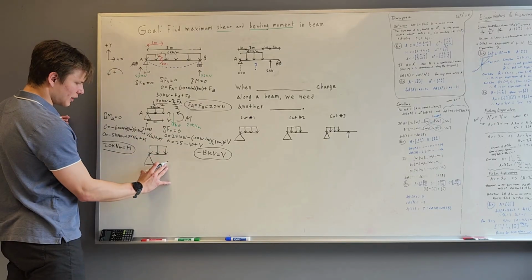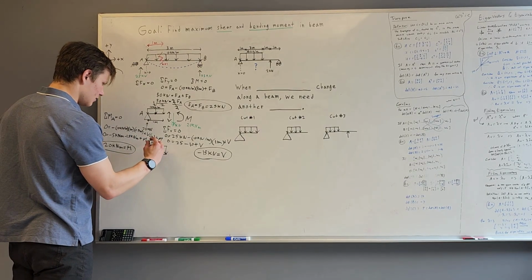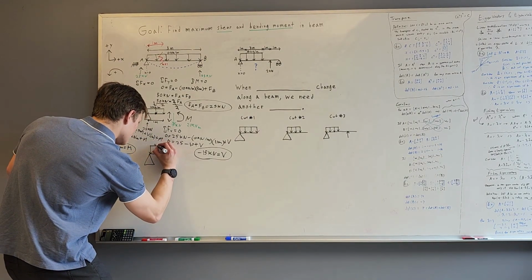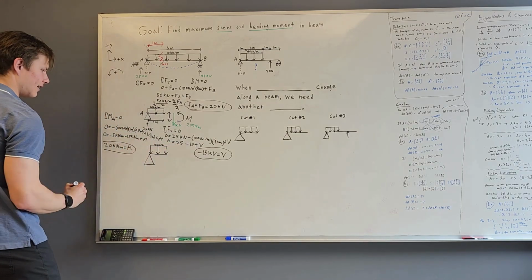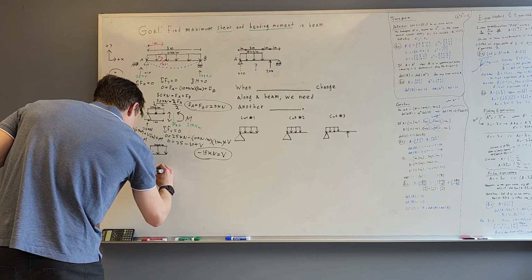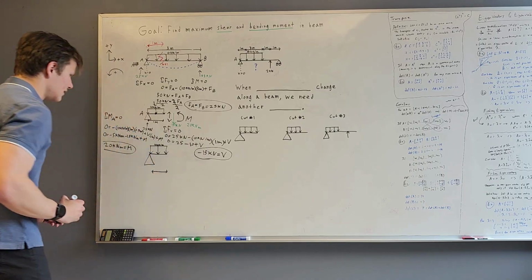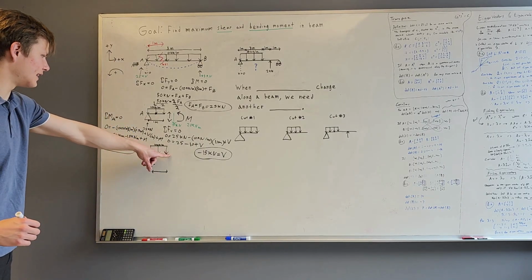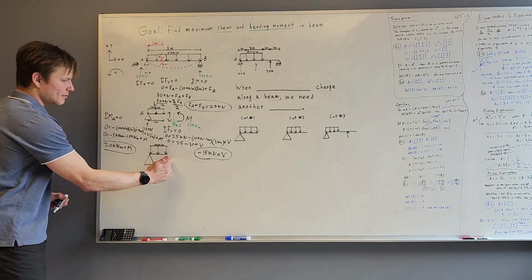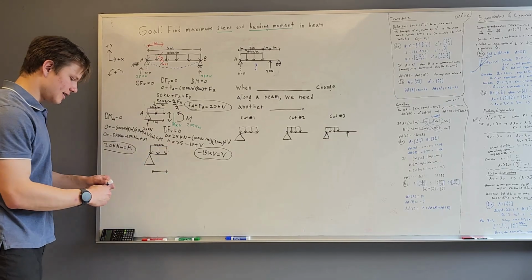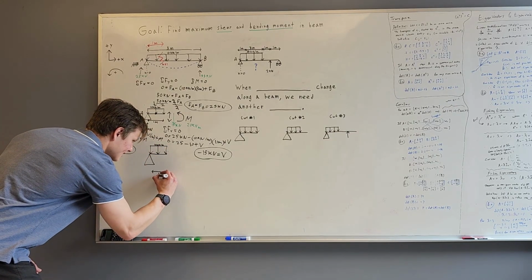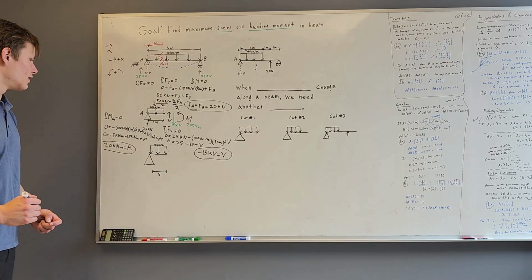So, starting over down here, we have our 10 kilonewton per meter UDL, and our distance from the support to where we cut. Because remember, where this beam is cut off, that's where we take our cut. Let's call this distance x.